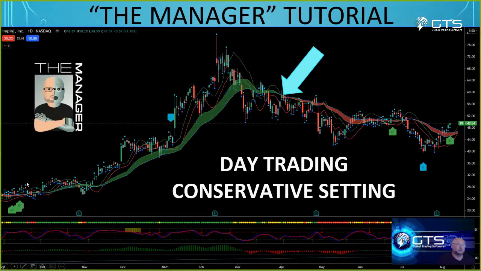Remember, we got in at 29. We could have got out at 68, 69 with the aggressive exit, but a slightly more conservative cloud would have got us out at, say, $59. So the cloud just changes over at a higher price, and we would still take that. So that's an option.